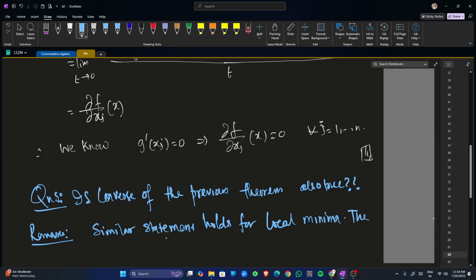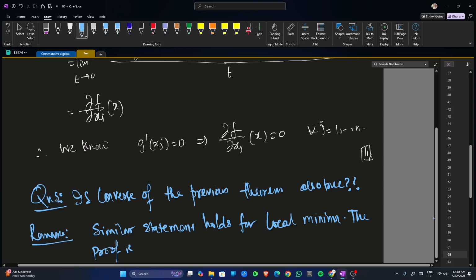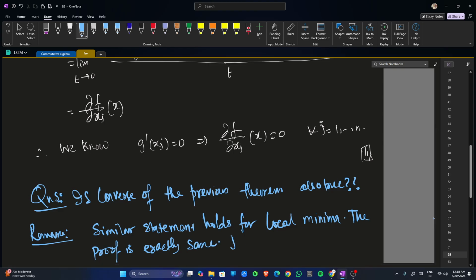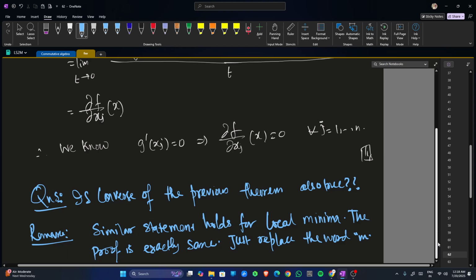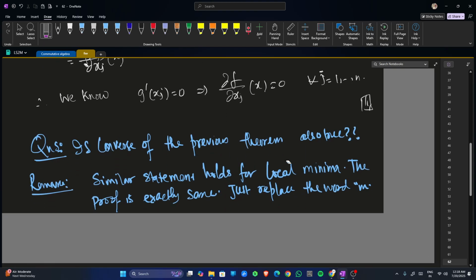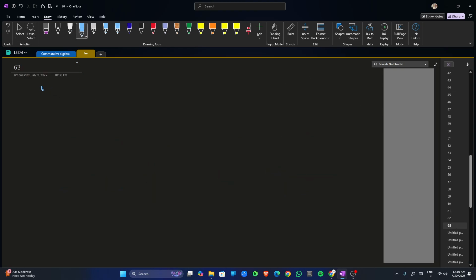The proof is exactly the same. Just replace the word maxima by minima.